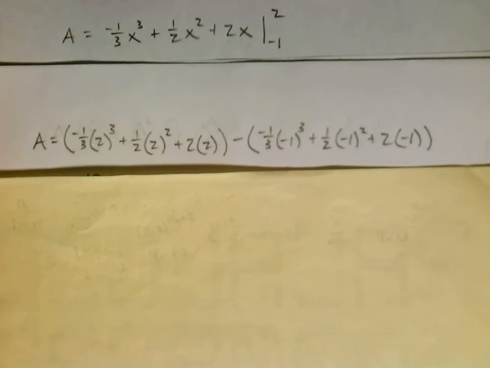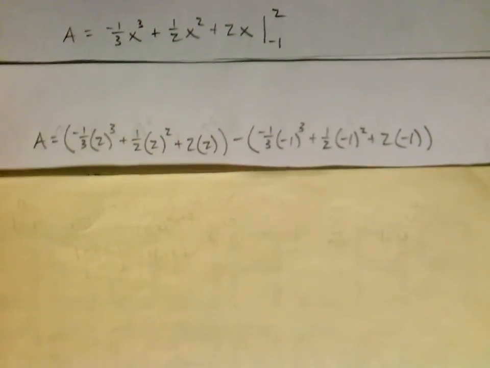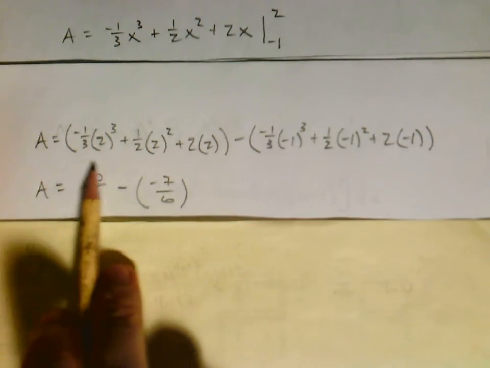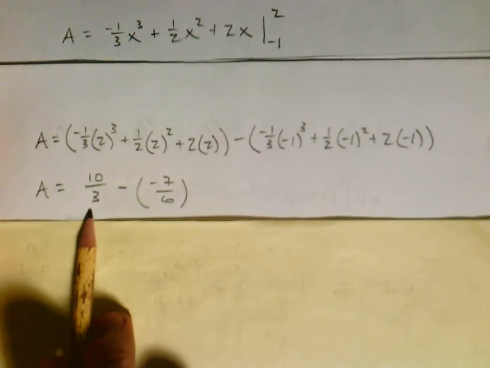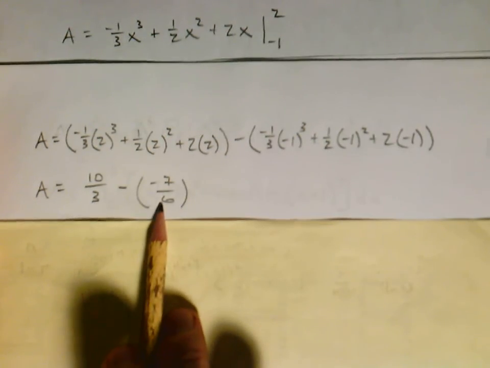But hey, you know what? Even in the most sophisticated math, sometimes you just got to crunch some numbers. I think I broke this into 2 parts because I didn't want to attempt it all at once. So I did that number right there and then that number separately. For the first group with 2, I got 10/3, and for this thing over here, I got -7/6.